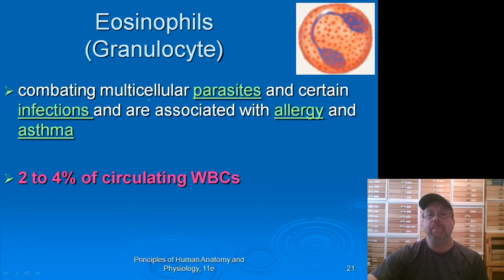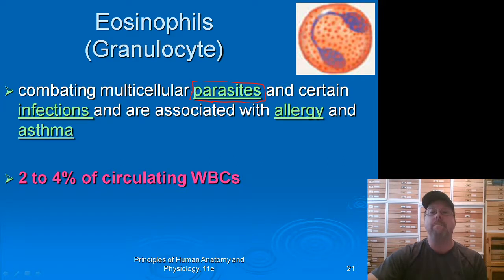Okay, the next one is the eosinophils. And I really don't want to talk a lot about these except to say that eosinophils are going to be associated with attacking parasites. So if you get a parasitic infection like malaria, or if you get a parasitic worm infection like a tapeworm, you're going to be producing eosinophils that are going to be trying to fight off that infection.